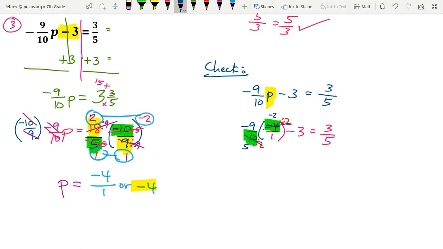Now we can multiply straight across. Negative 9 times negative 2 will give us a positive 18. 5 times 1 will give us a 5. Minus 3 over 1 is equal to 3/5. Now, let's subtract these. What is 18 over 5 minus 3 over 1? What should we do? Find the common denominator. We can do that.